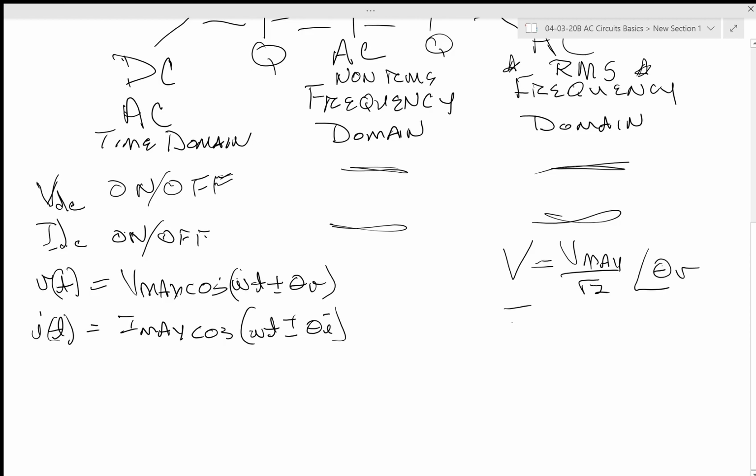And you had Imax, or I phasor, IRMS. I should probably put RMS here, just for the heck of it. This was Imax divided by square root of 2 angle theta I. Okay, so that's RMS domain.